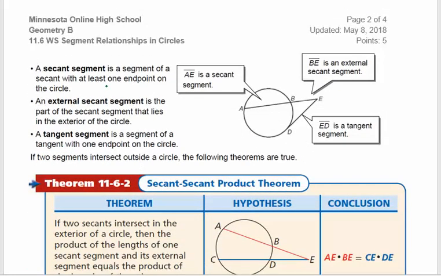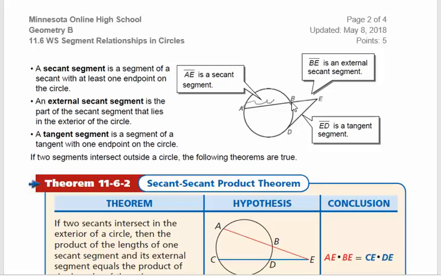The next thing that we're going to learn about, first we have some vocabulary about what these theorems are saying. First, a secant segment. A secant segment is a segment of a secant with at least one endpoint on the circle. So a secant segment AE means that part of it from A to B is on the circle, B is on the circle, and then BE is the external part.